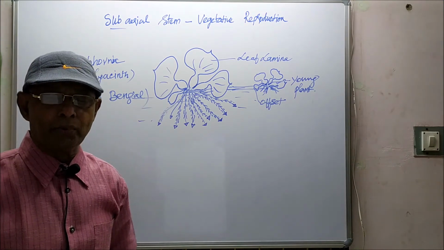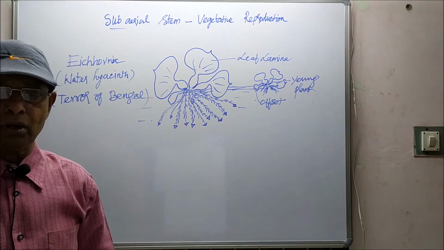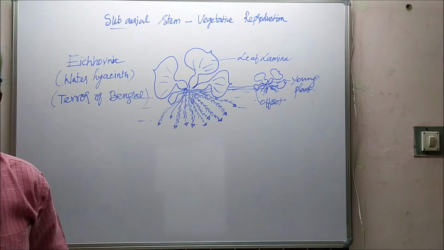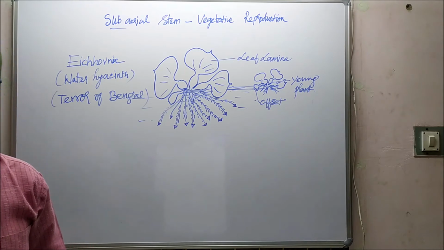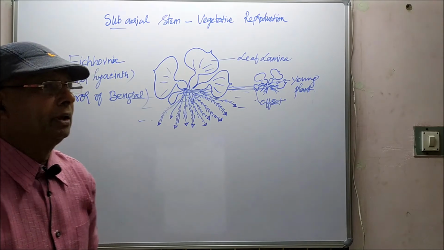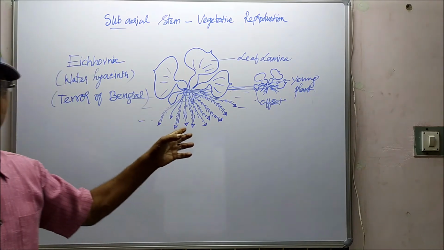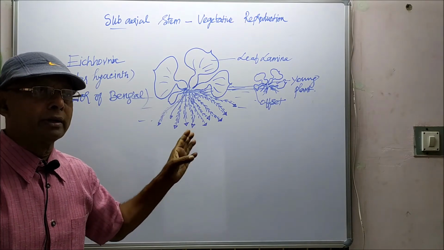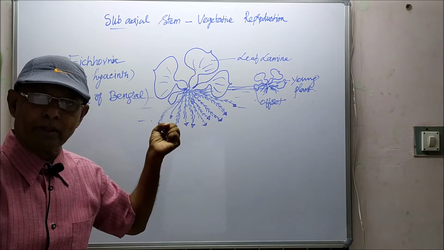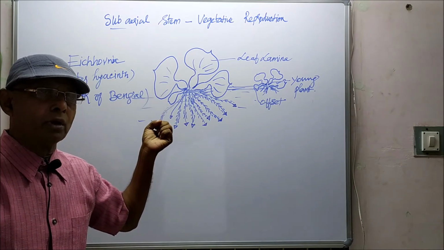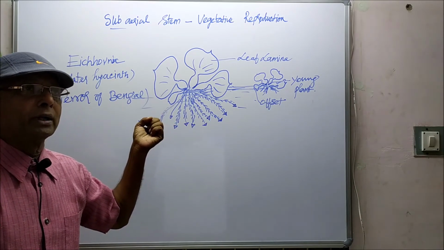It spreads rapidly by offset all over the water body and depletes the dissolved oxygen and causes the death of other aquatic organisms. When it is growing, other aquatic organisms cannot live in the water because it absorbs all the oxygen content from the water.